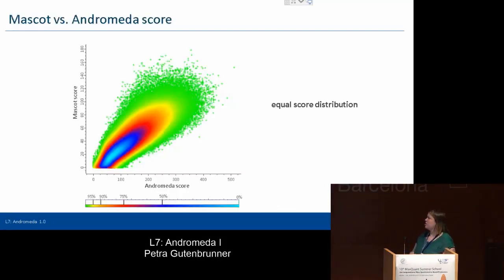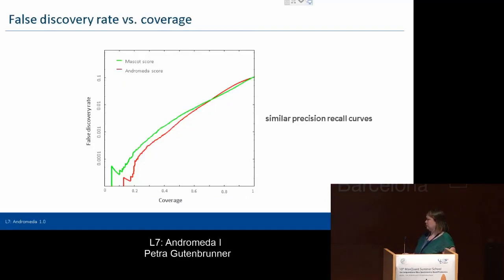Here is just a comparison of what was done. We compared the Andromeda score against the Mascot score, which is also based on a binomial probability. We can see here that the score distribution is equal. There are no major outliers on the axis, so there are no additional identifications on one of the sides. When we look at the PSM false discovery against the coverage, we can also see that they are performing quite similar.